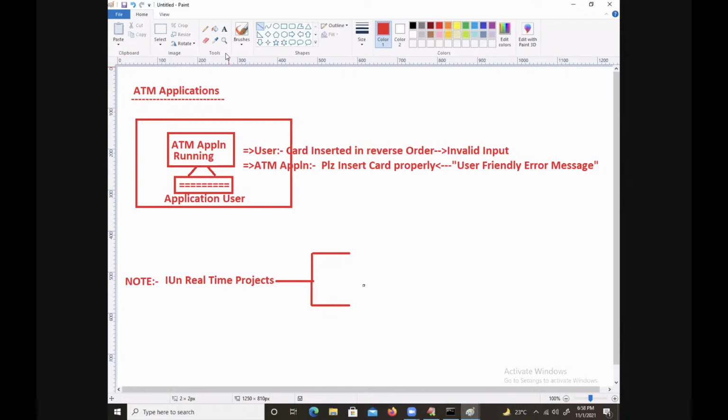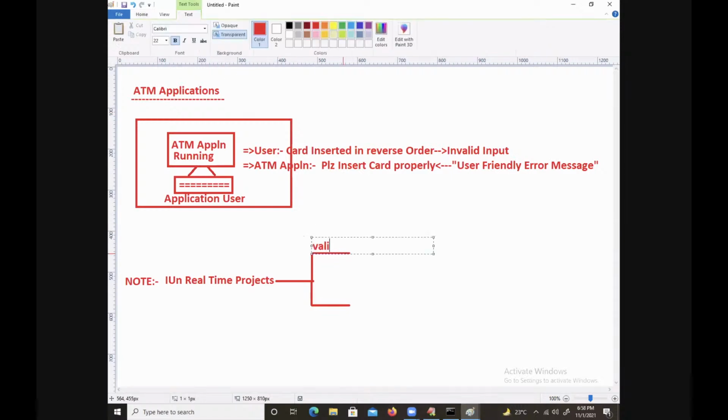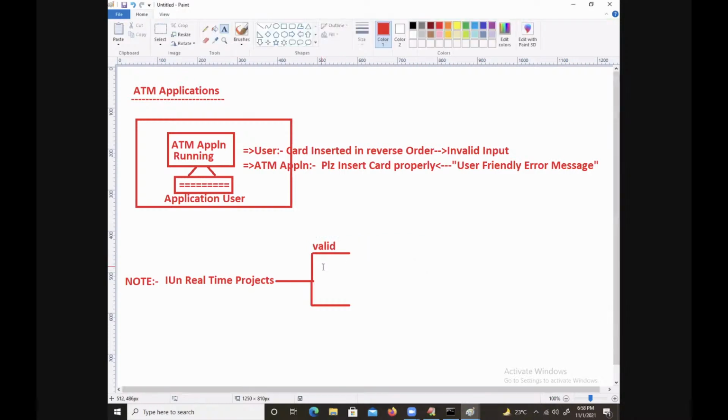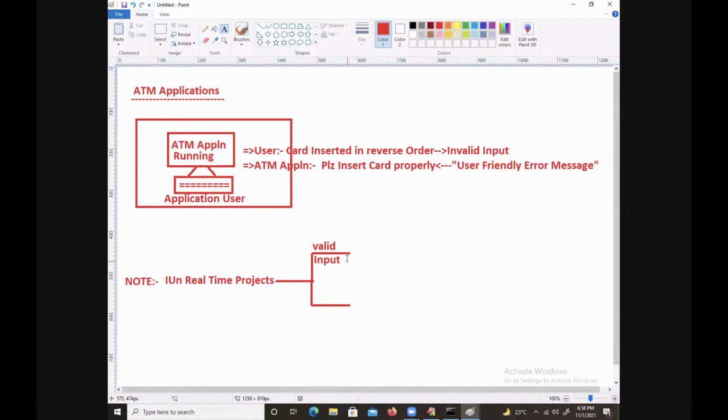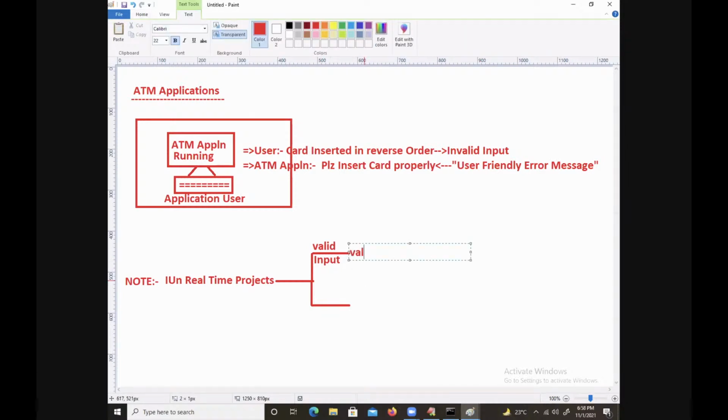Here I am writing: valid input I am giving. Whenever I give valid input, what result comes? Valid result comes. Whenever we give invalid input, what is coming? Come on, quickly.